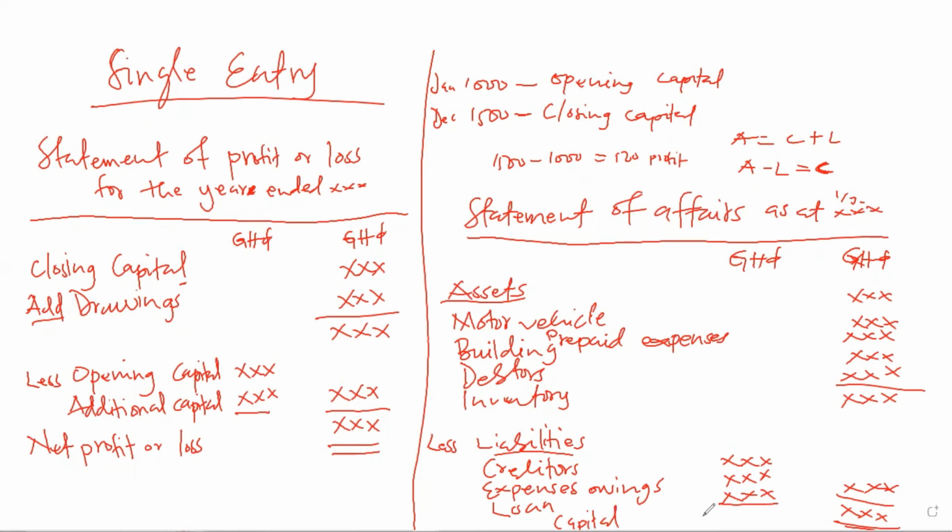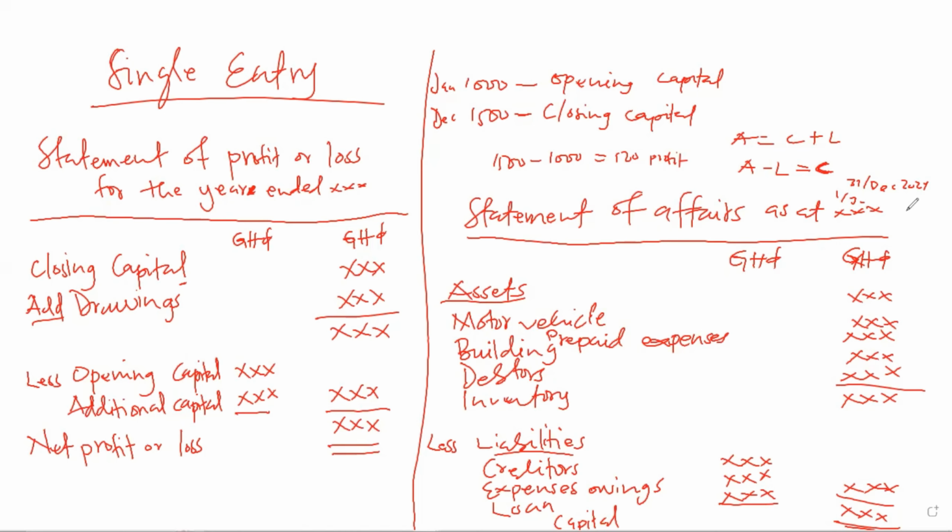When you are done, then you come and prepare a statement of affairs as at 31st December 2024. In the question, you are going to find the assets and liabilities as at 31st December 2024. You add all the assets as at that date, and you also add all the liabilities as at 31st December 2024.